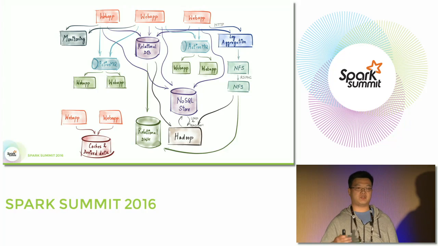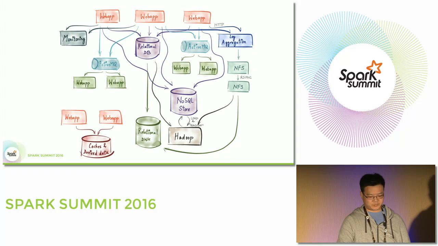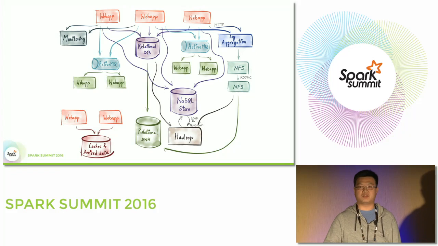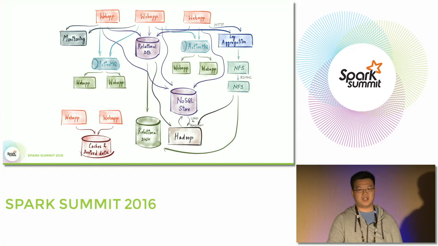So before you actually set up your streaming engine, like Spark Streaming, into this picture, you need to solve a first problem, which is really to pipe your data in motion from different data sources to the right place for data processing.